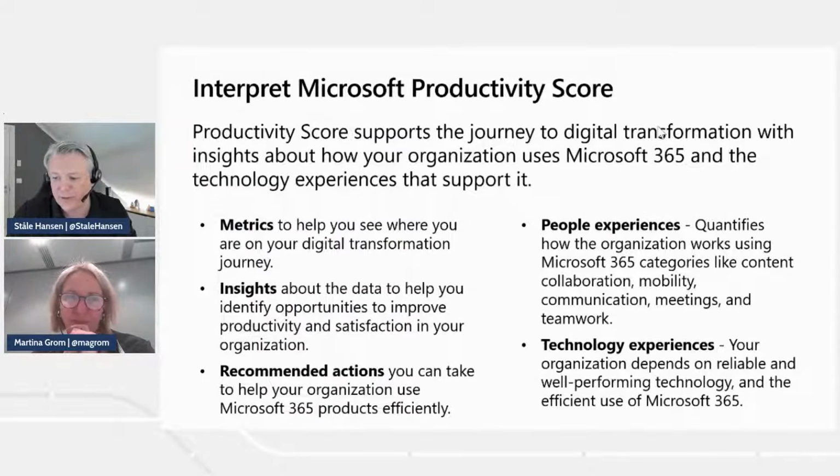If you look at the productivity score, it's divided into different areas. You have metrics, insights, and recommended actions. Then you have two levels of how the productivity score is scored: people experience and technology experience.